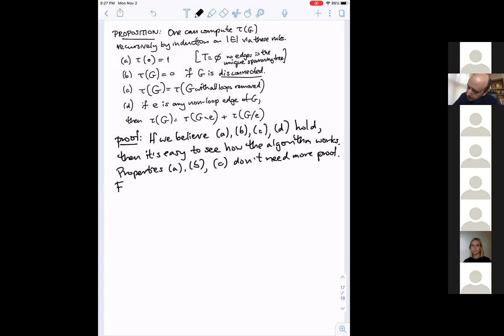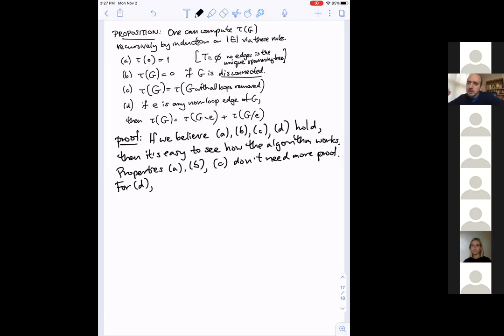But for D, it's pretty interesting. And it's kind of an idea that gets used a lot when you're working with spanning trees. So why is it that tau of G should be tau of G delete E plus tau of G contract on E?